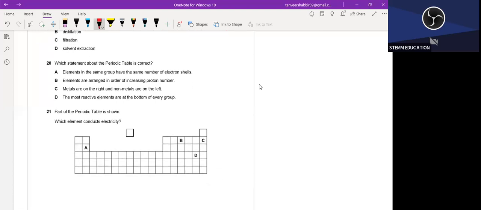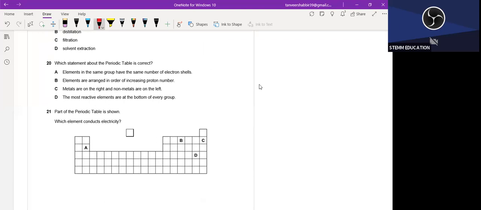Question 20. Which statement about the periodic table is correct? Elements in the same group have the same number of electron shells? No. Going downward, the number of electron shells increases. Elements are arranged in order of increasing proton number. Yes, this one is right.